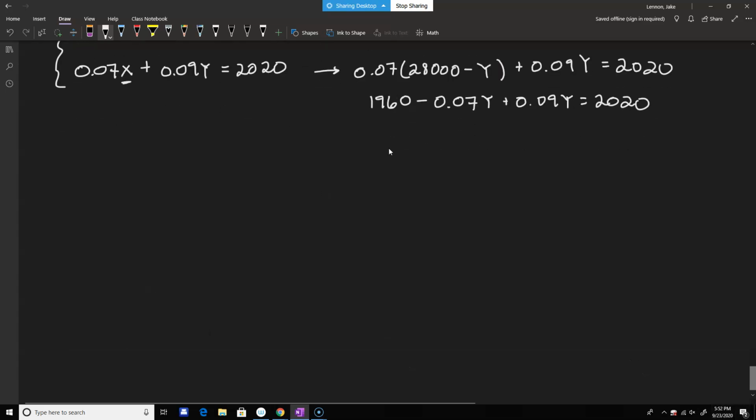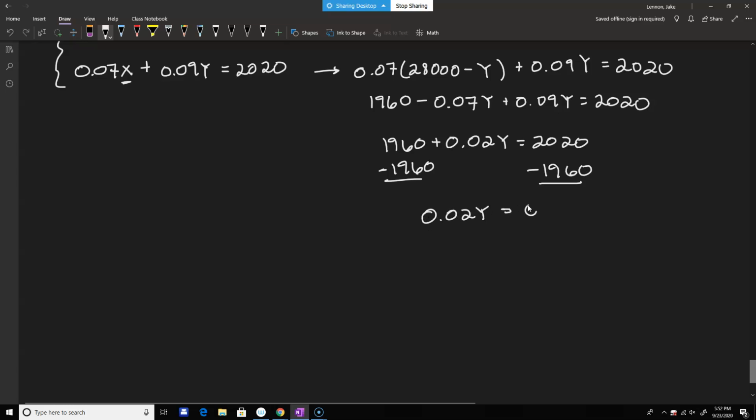So we have 1960 plus 0.02y equals 2020. So now we just subtract 1960 from both sides. So 0.02y equals 60. And then divide by 0.02.